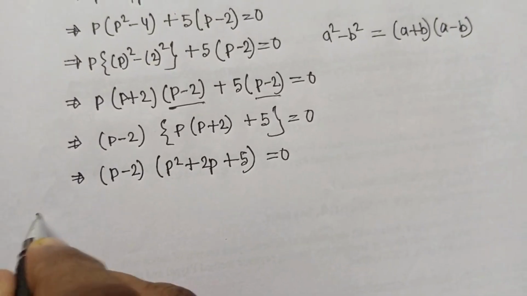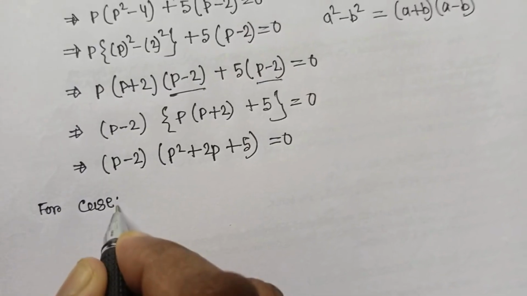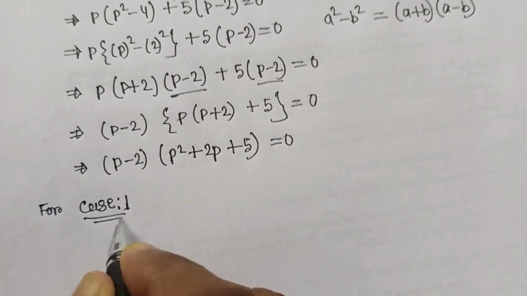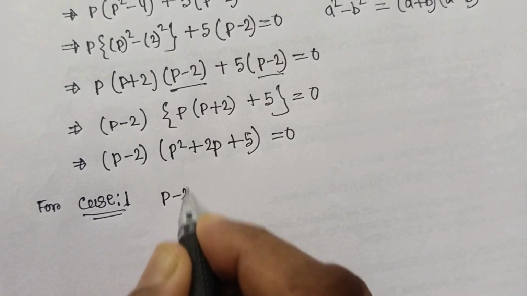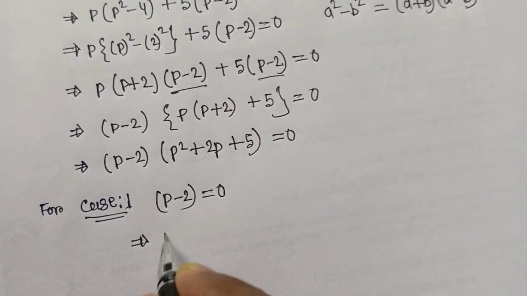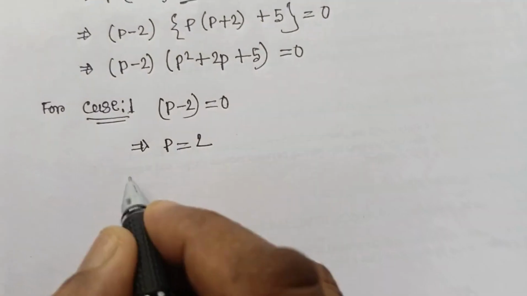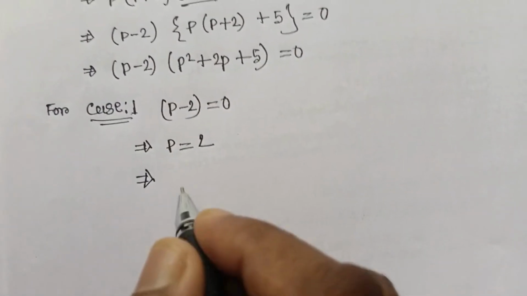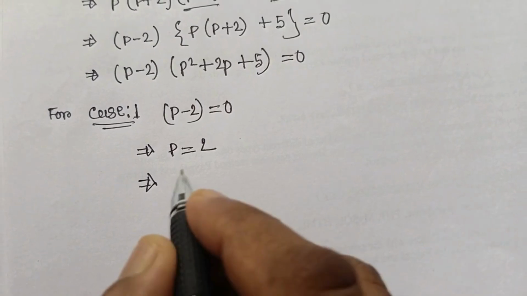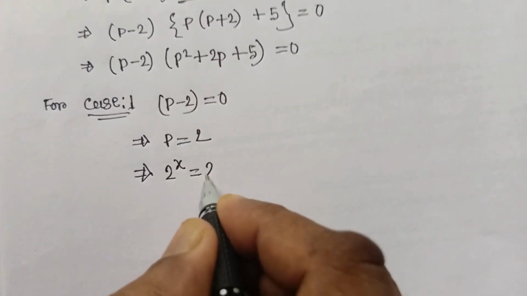So for case 1, if we take p minus 2 equals 0, that is p equals 2, and before we have already let p be equal to 2 to the power x, so 2 to the power x is equal to 2.